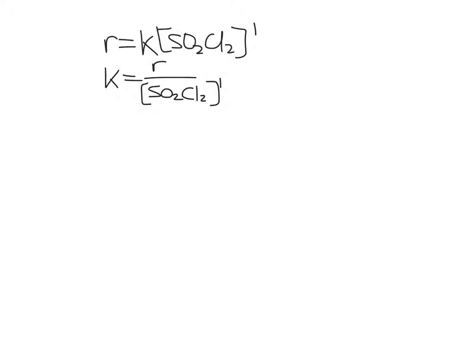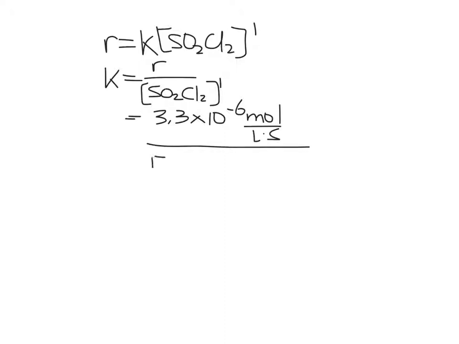So let's just pick experiment 1. So substitute in all the values from run 1. So 3.3 times 10 to the negative 6 mole per liter per second divided by 0.15 mole per liter to the exponent 1.